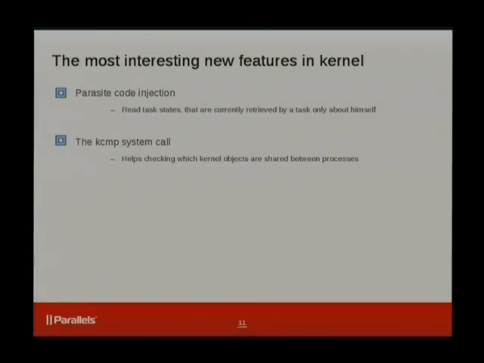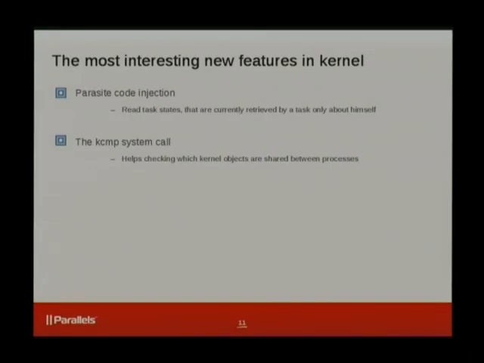It sounds pretty strange, but this system call is used by us to determine how objects are shared between the processes. What we do is we just compare processes pair by pair and sort the results, so we can see which objects, and between which processes, are shared.